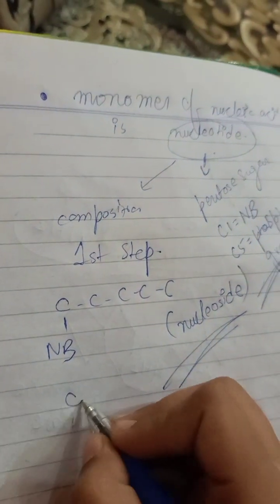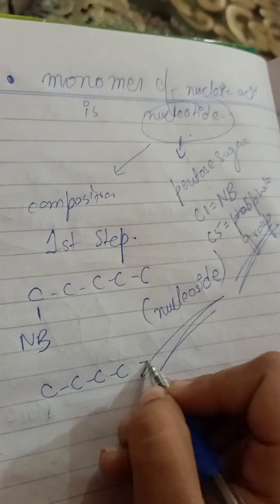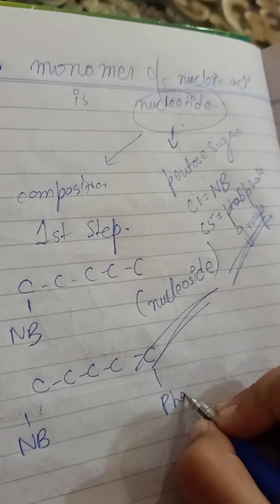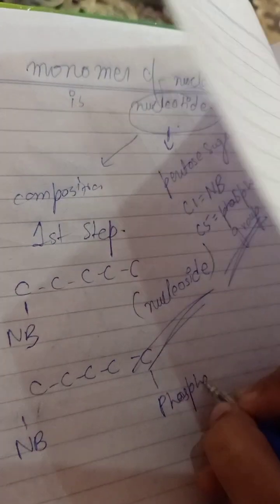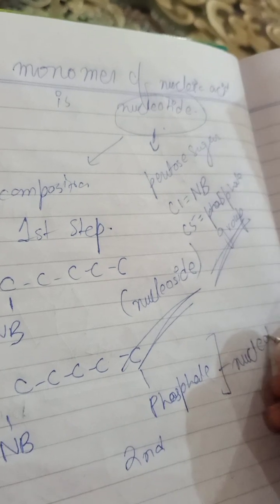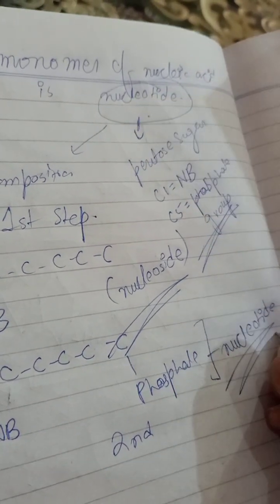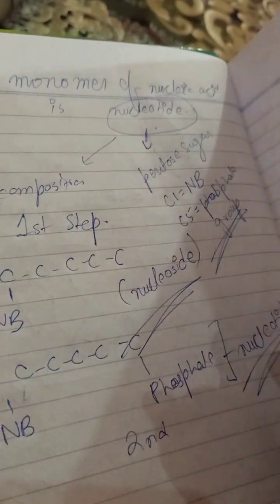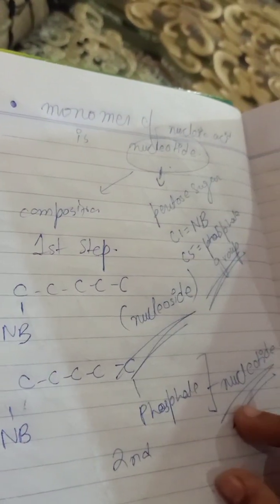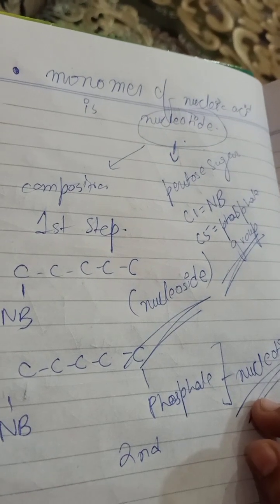On this carbon ring structure, here will be the nitrogenous base. If you attach the phosphate group here, this is the second step, and this is called a nucleotide. In a nucleoside the phosphate is missing; in a nucleotide the phosphate is there.